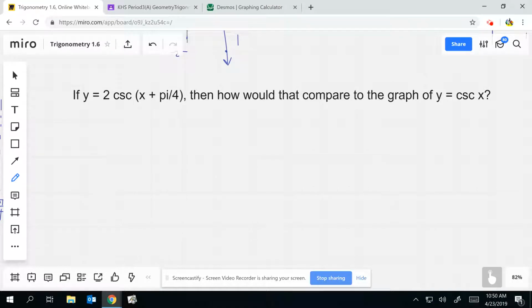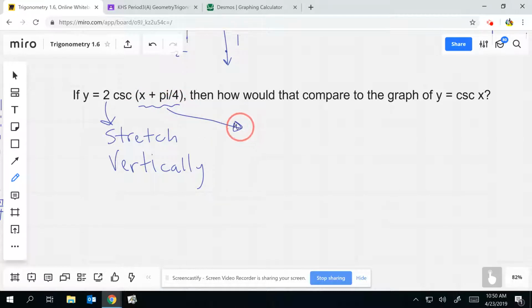This was just a question about the shifts and the stretches and stuff. If 2 cosecant x plus pi over 4, then how would that compare to just y equals cosecant of x? This 2 right here would stretch vertically. And this x plus pi over 4 would be a horizontal shift because it's adding just to x.